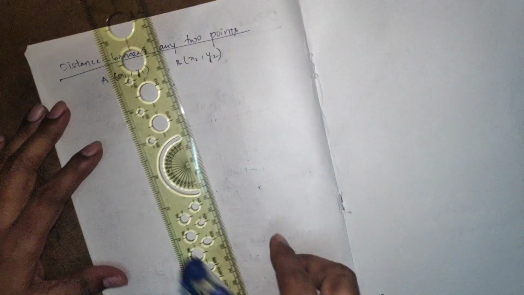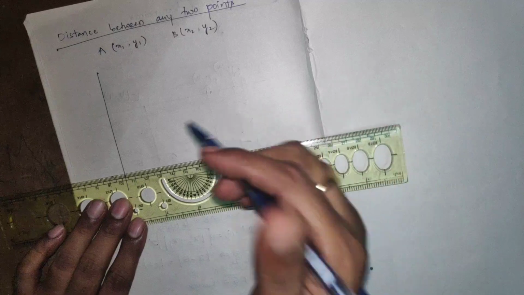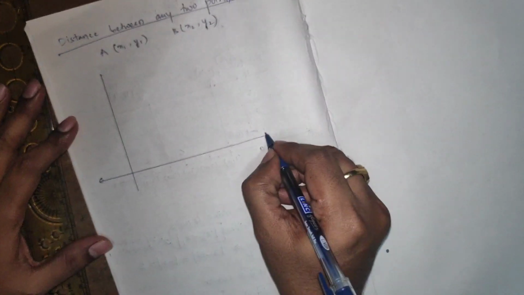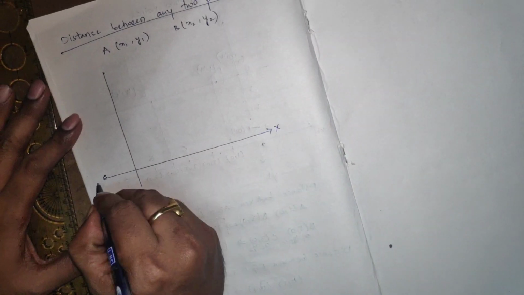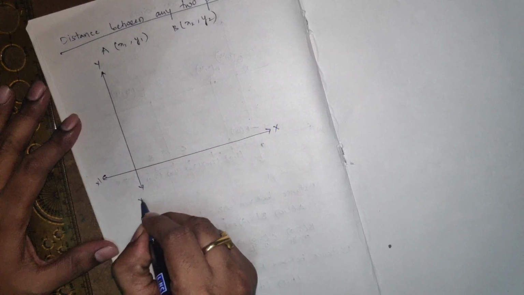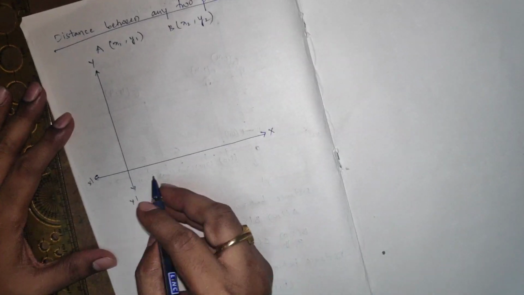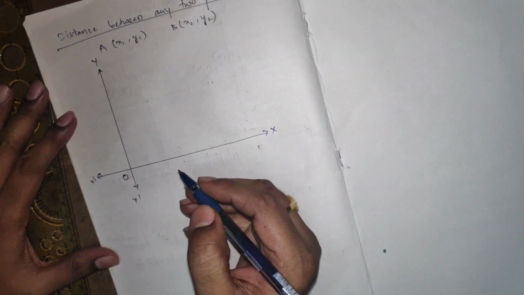So for this let me draw the diagram. So this is x dash, y dash. Now this is the origin here.